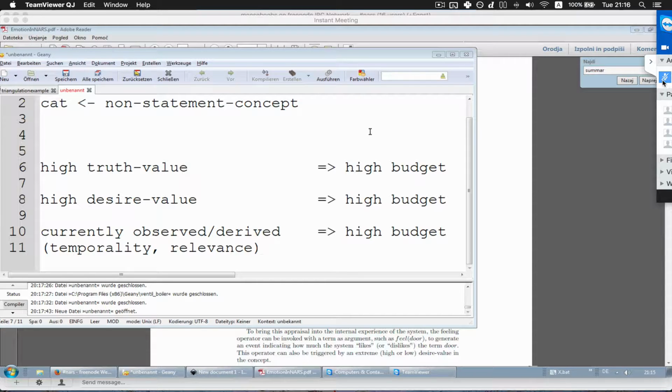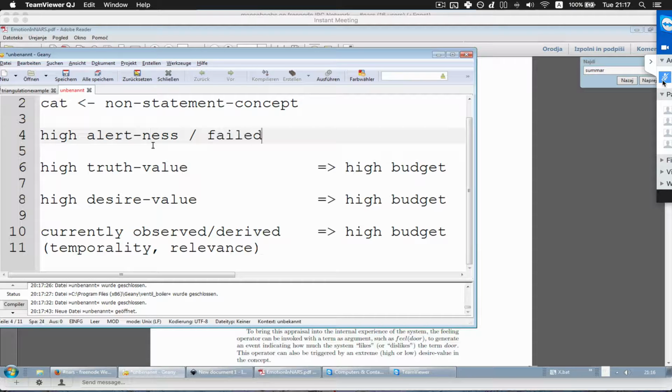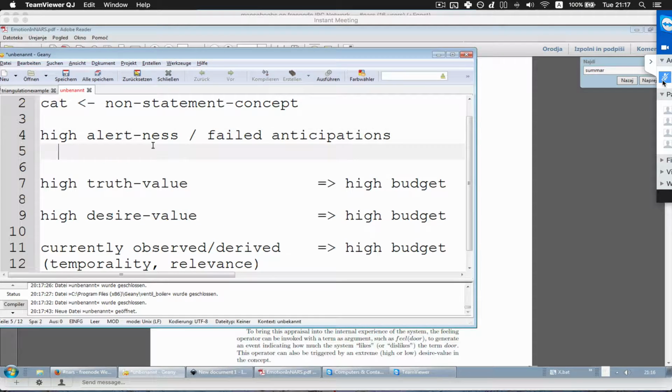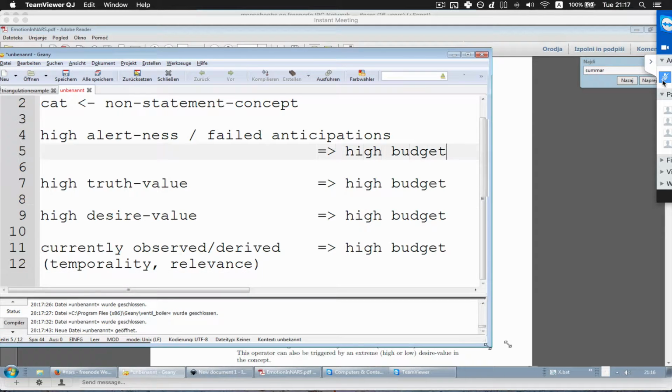Right. Okay. Right. This makes it interesting. That helps actually, because everything's updating the budget, but from a different perspective because it has a different contribution to make. So whether it's truth or desire or whatever, okay. This is, for example, one additional factor which just came into my mind.